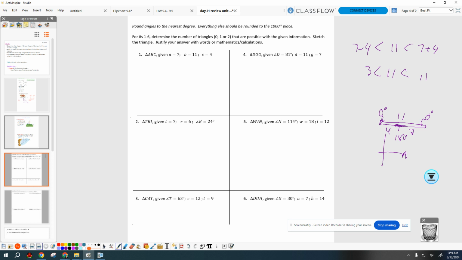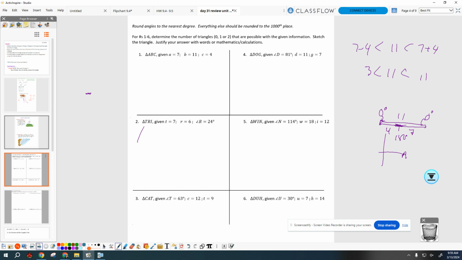Monica, can you show the work that you did for number 2? Milea, do you have number 2? I don't know if I'm right. You're given 7, 6, 24. You have 24 written down, you have 6 across from it, and then you have 7 on the other side.